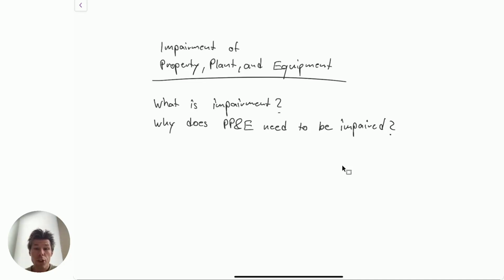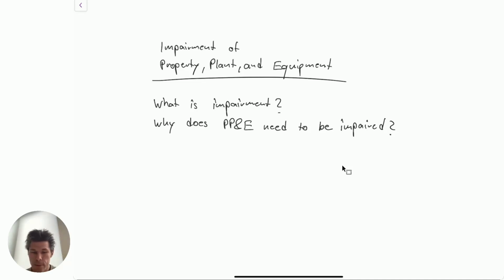Impairment reversals: once you have impaired your assets, reversals for identifiable long-lived assets are permitted under IFRS, but typically not under US GAAP.